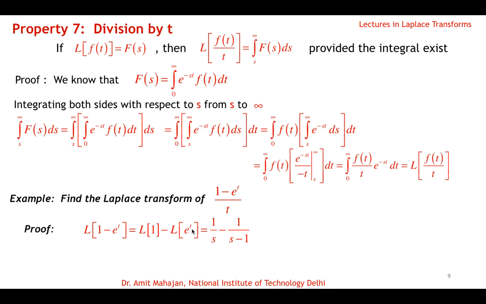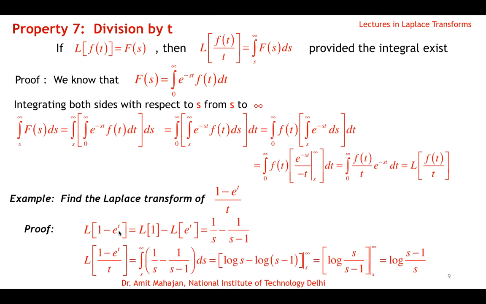Laplace of 1 is 1 by s, and Laplace of e^t is 1 over s minus 1. Division by t means the integral of this result from s to infinity. So F(s) is 1 by s minus 1 over s minus 1.